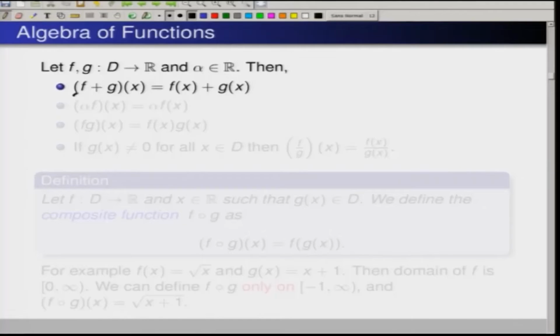Given f is a function and g is a function, we can define the addition of two functions, which we denote f plus g, by (f plus g) of x is equal to f of x plus g of x, because f of x is a real number and g of x is a real number. So, the right hand side addition is well defined, and this is how the addition of two functions on the left hand side is being defined.